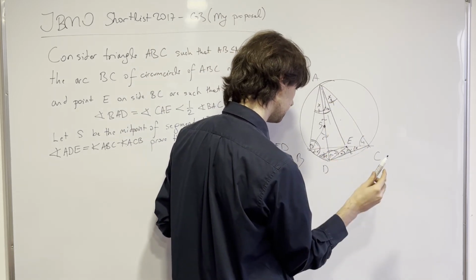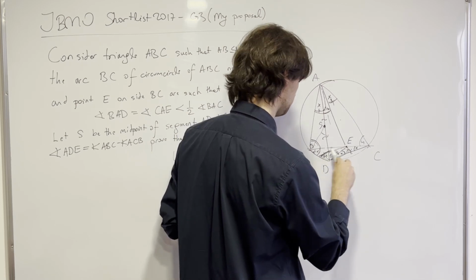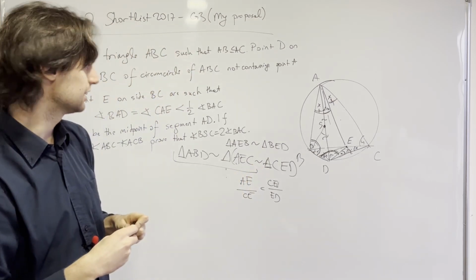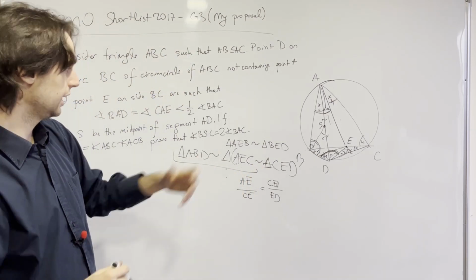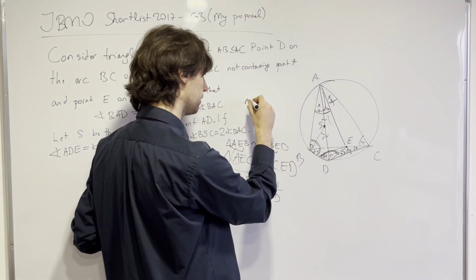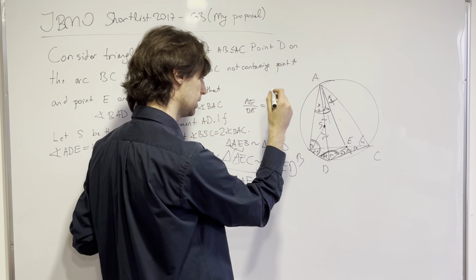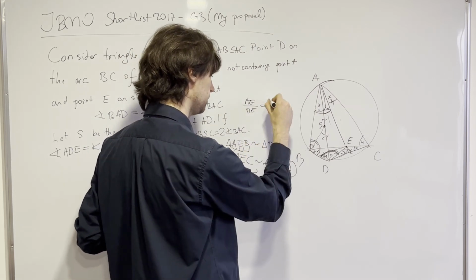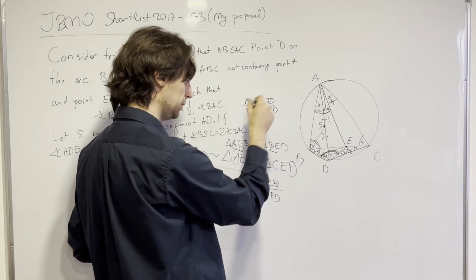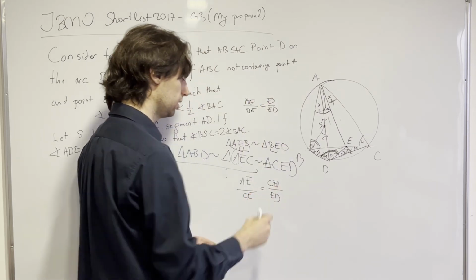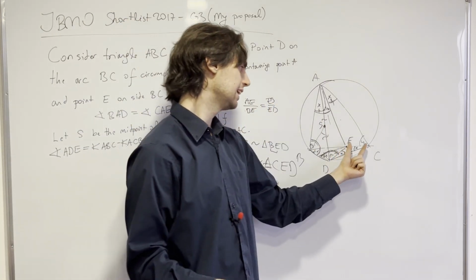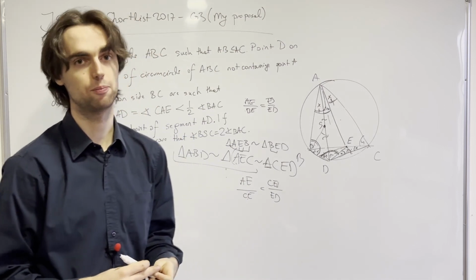This is beta. This angle is beta. Oh yeah, this is alpha minus x. Yes, there is symmetry, BED. There is that symmetry as well. So on the other hand, from here, we would get that AE over BE is equal to EB over ED. Now, AE times ED is EB squared is equal to EC squared. And so EB is equal to EC, which forces E to be the midpoint of BC.